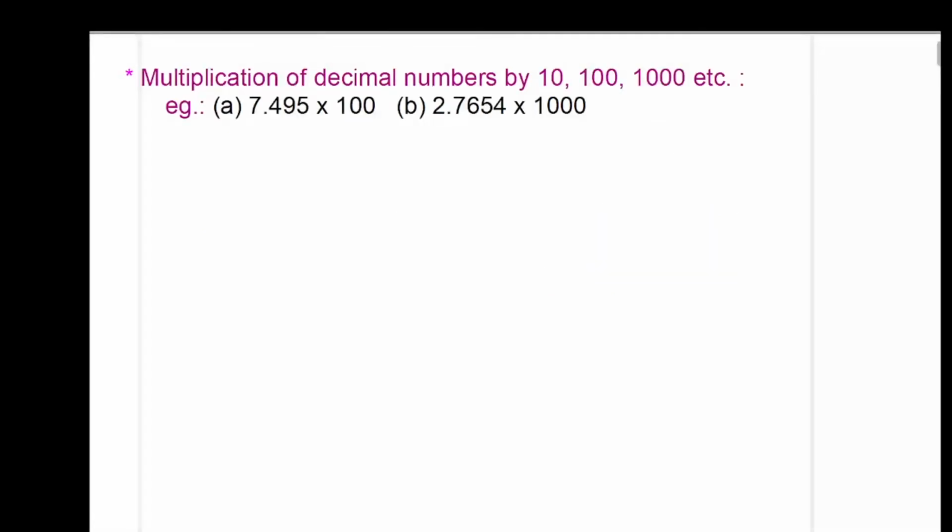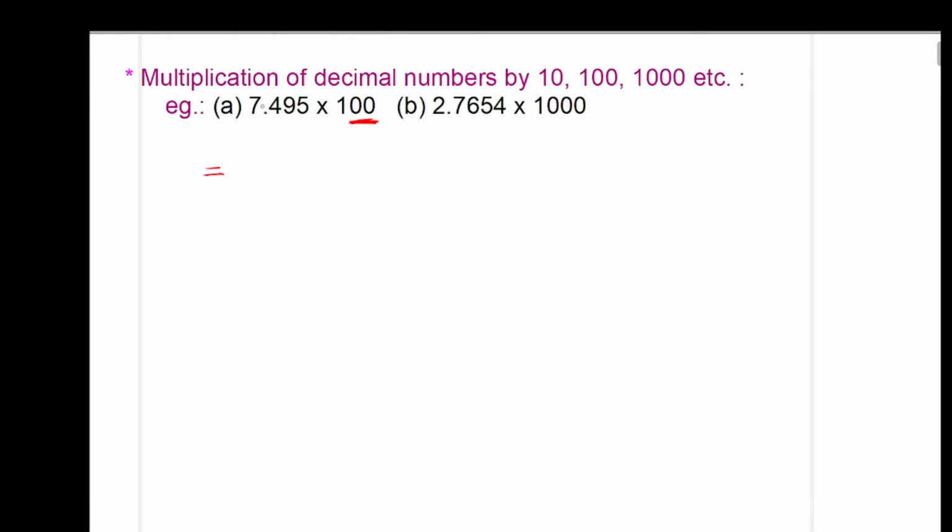Come to the next. Multiplication of decimal numbers by 10, 100 and 1000. When you multiply a decimal number by 10, 100 or 1000, the point will always be shifted towards the right by the number of zeros. That means, see, here how many zeros? 2.